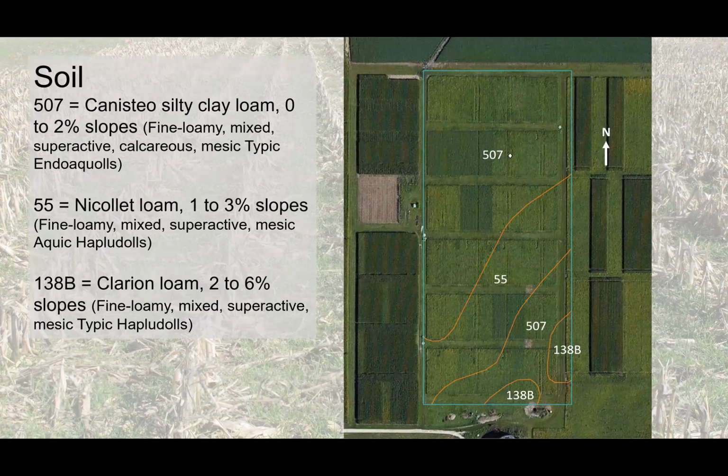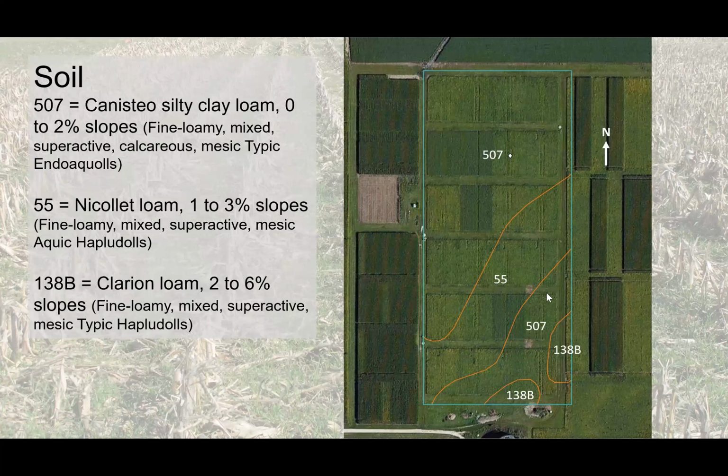So now I'll talk a little bit more about the field itself and show some data, some results, I guess, if you want to call them that, what we've learned. The soil out there is by and large a Canisteo silty clay loam. So here's a soil map showing that. You can see the number 507 here is the Canisteo. It's probably 70% of that field is Canisteo soil.